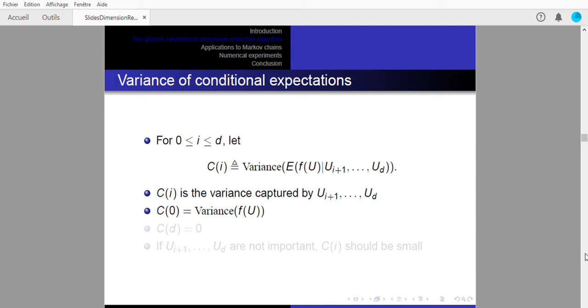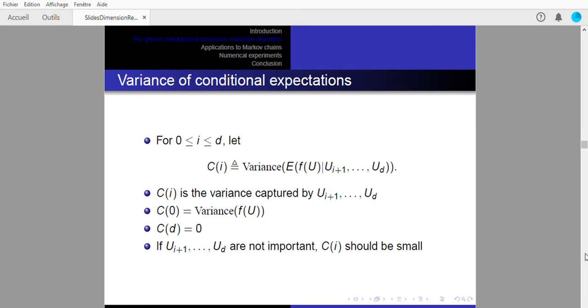So C0 actually is equal to the variance of f of u. C_d is equal to 0, and if u_{i+1} up to u_d are not important, then C_i should be small. Why? Because if u_{i+1} up to u_d are not important, then the conditional expected value of f of u given u_{i+1} up to u_d should be almost a constant, and so the variance C_i should be small in this case.